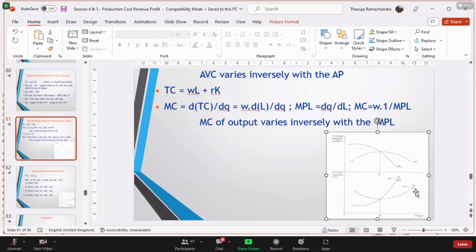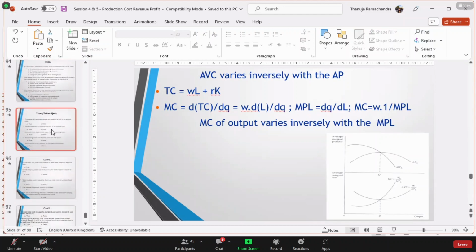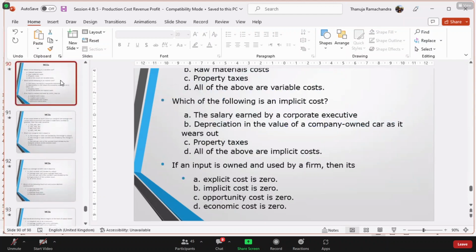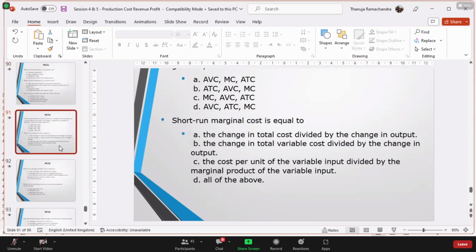So based on that, we can write that marginal cost is delta TC over delta Q, and instead of that, you can write APL and MPL, right? Right. So yeah. So the next one.